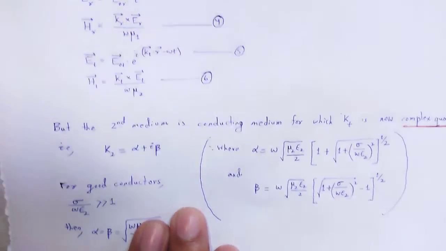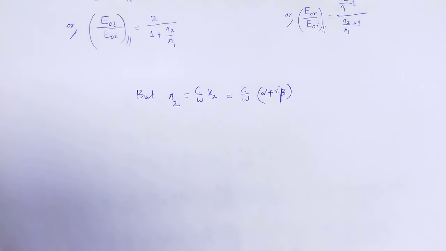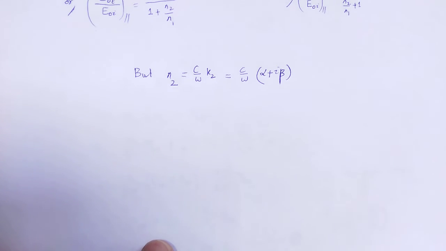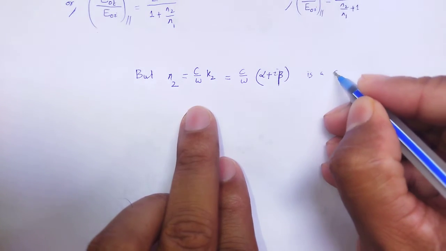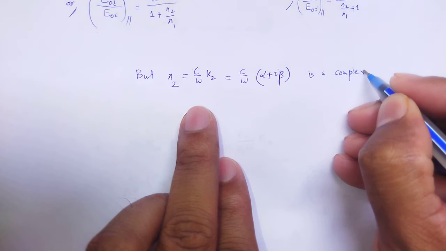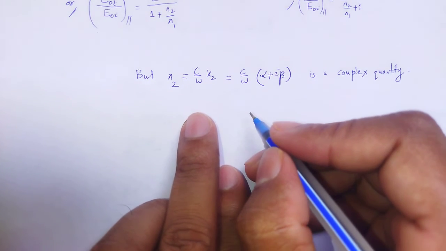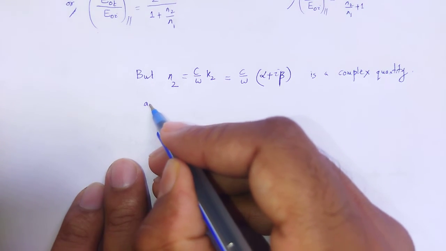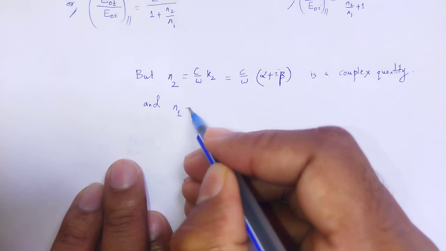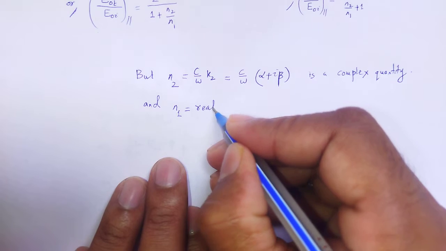In the starting of that video I mentioned it as K2 is equal to alpha plus I beta. So this one is a complex quantity, and N1, the refractive index of that medium 1, is a real quantity.